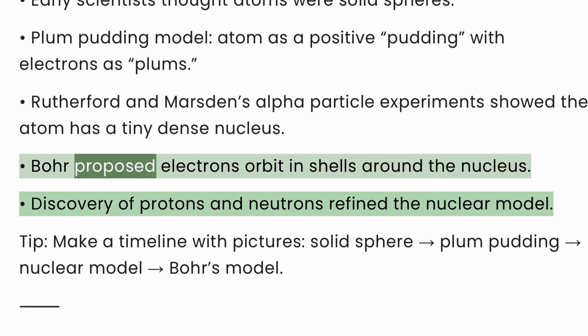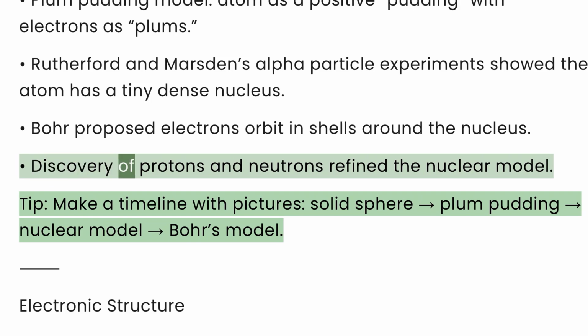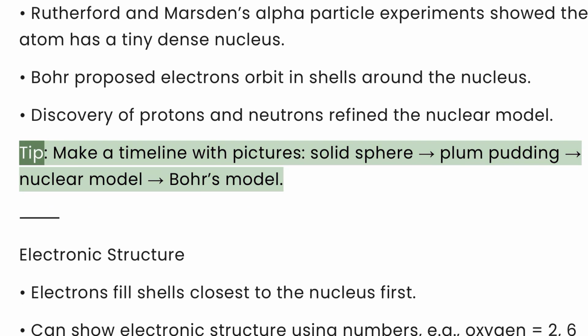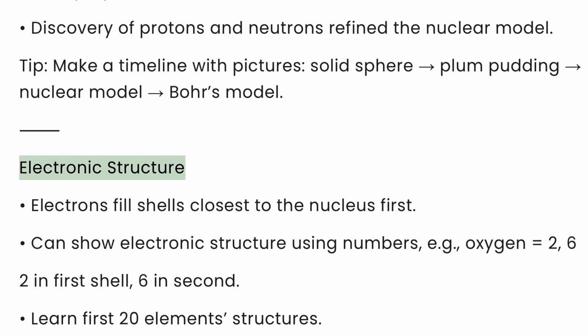Bohr proposed electrons orbit in shells around the nucleus. Discovery of protons and neutrons refined the nuclear model. Tip: make a timeline with pictures. Solid sphere, plum pudding, nuclear model, Bohr's model.